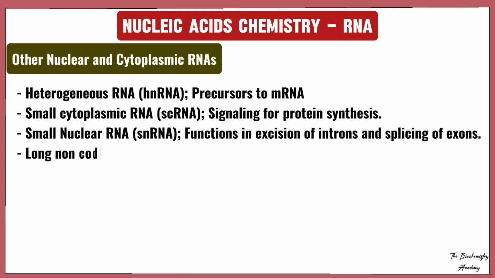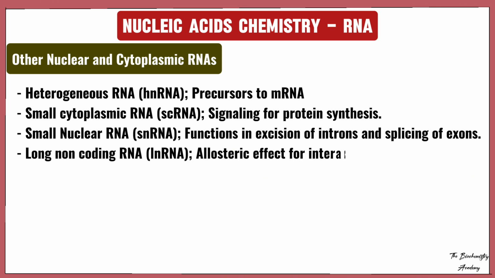We also have small nuclear RNA, which functions in excision of introns and the splicing of exons. And we also have long non-coding RNA, which have allosteric effects for interacting with different ligand proteins.